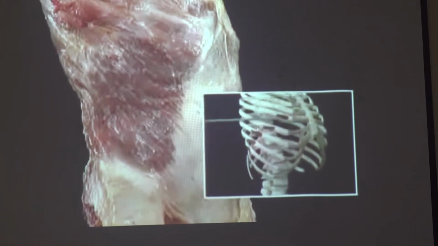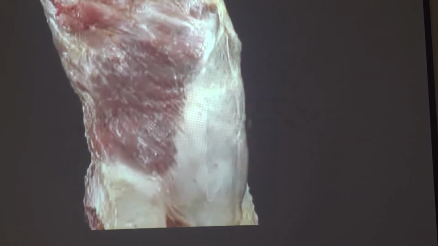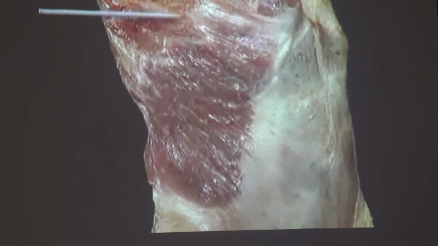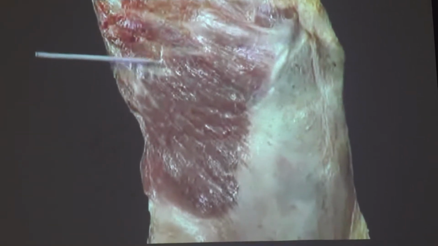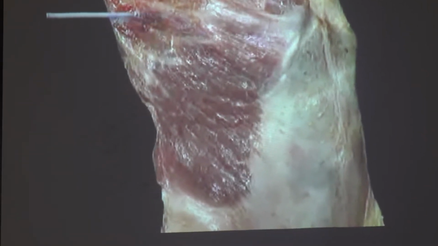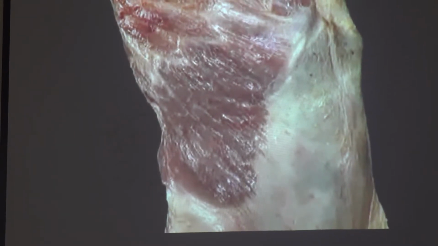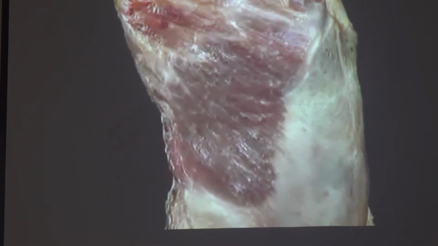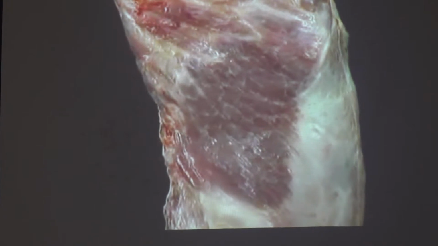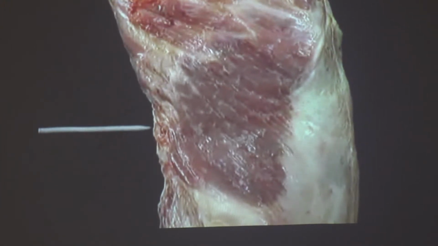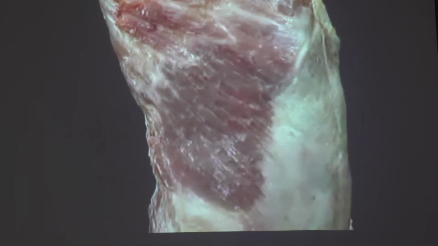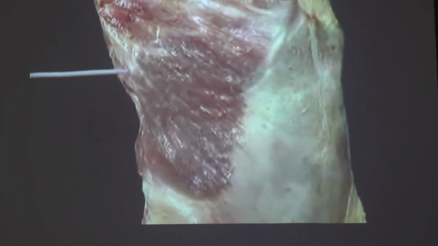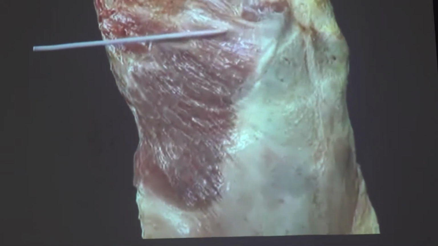It has attachment to the 5th to 12th ribs, and it interdigitates with the serratus anterior. That's the cadaveric portion, where the serratus anterior interdigitates with the upper part of the external oblique muscle. Those fibers are in a similar orientation to the serratus anterior, whereas distally they run more obliquely downwards and form the external oblique aponeurosis.